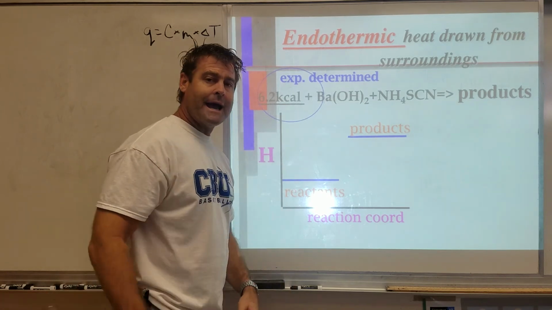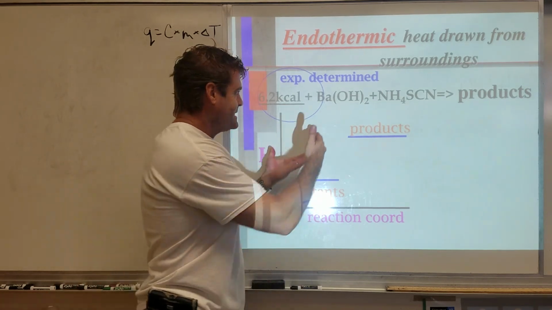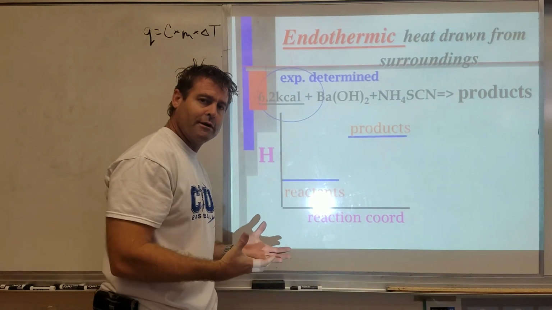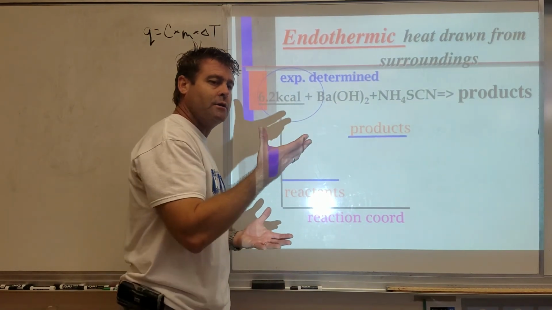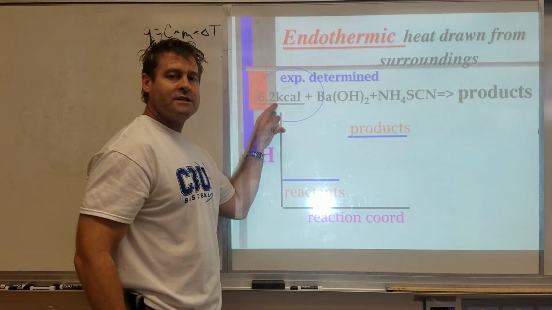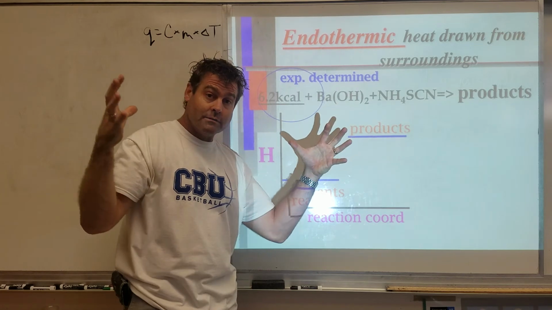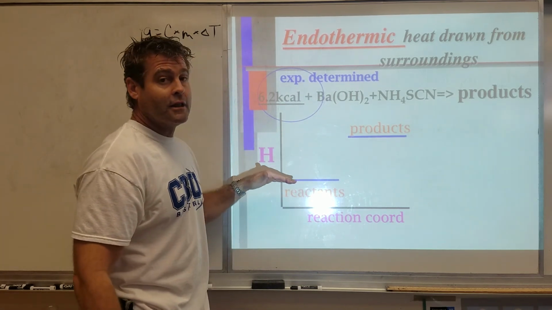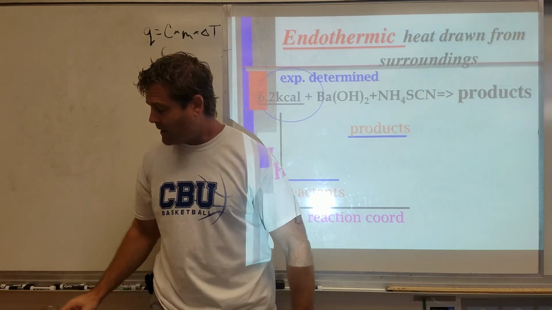How did you go from low energy reactants to high energy products? Where did the energy come from to go from a low enthalpy situation to a high enthalpy condition? The energy came from the surroundings, so it absorbed heat energy from the surroundings, allowing it to go from a low enthalpy state to a higher enthalpy state.